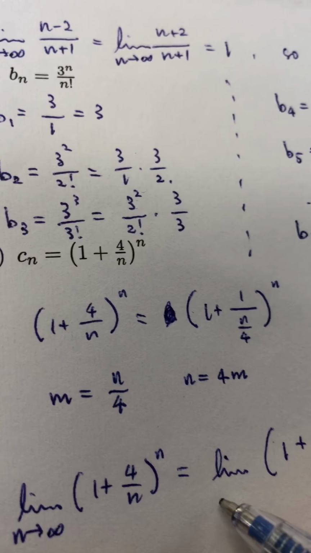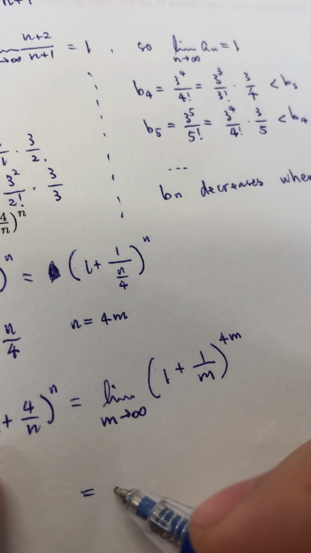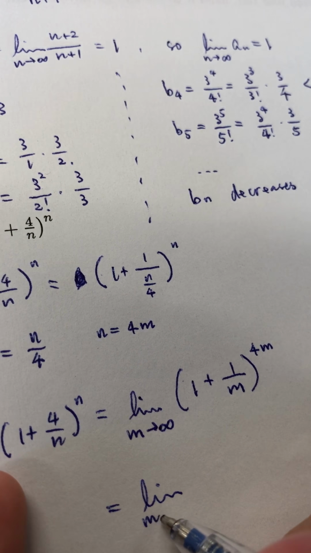Now what is the limit of this one? It looks similar to what we have here, but the exponent is not m, but it's 4m. So we rewrite it as 1 plus 1 over m to the power of m, and then to the 4th power.